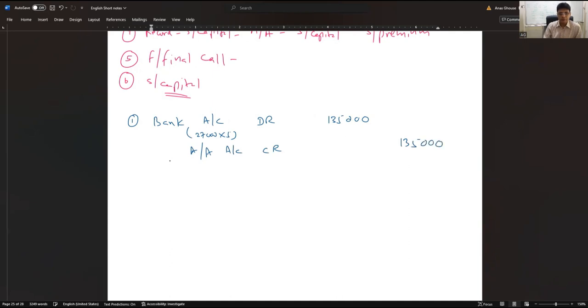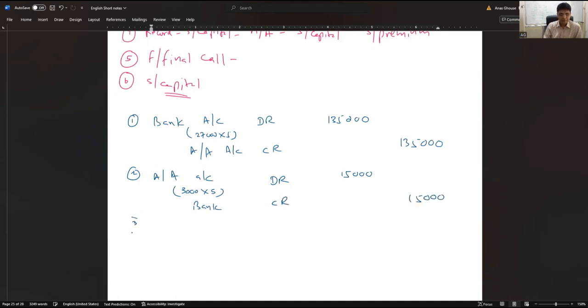Okay. So this is the amount of money received on application. Secondly, you need to reject 3,000 shares. So the application and allotment account will be debited with 3,000 shares times application money $5, which is 15,000. Then the bank account will be credited with 15,000.